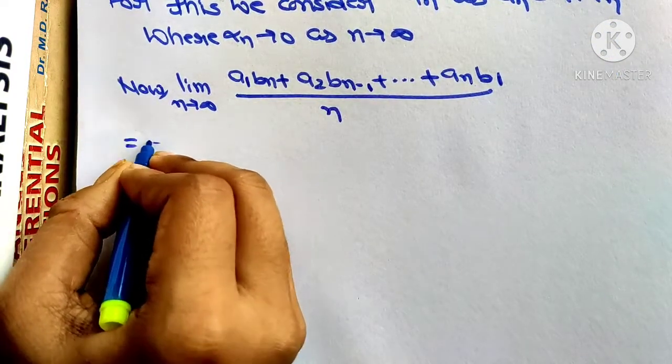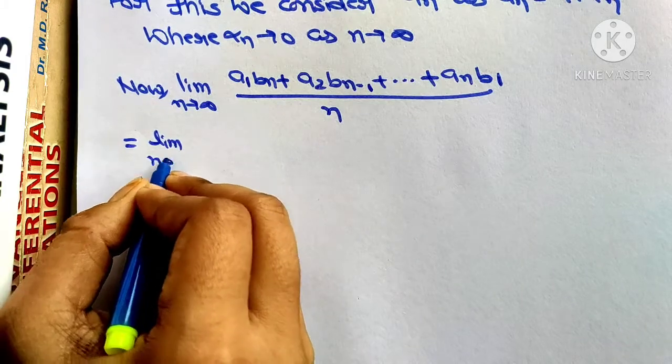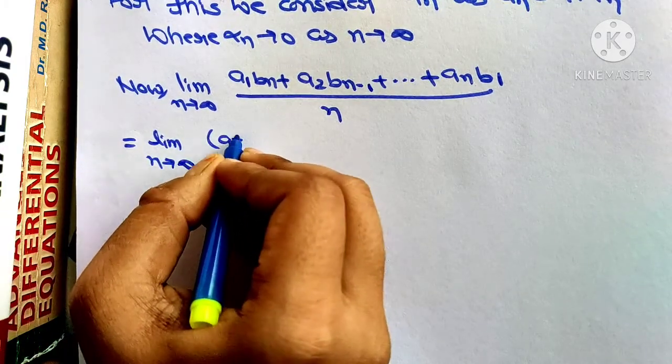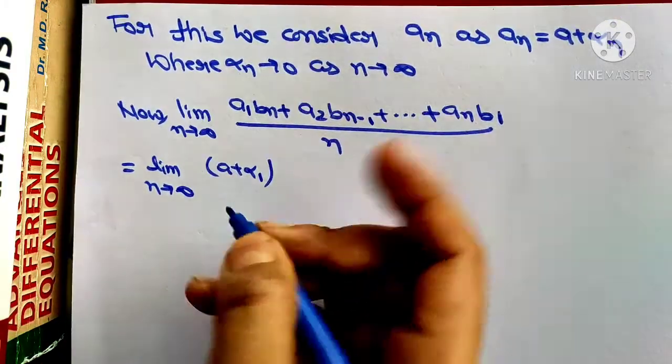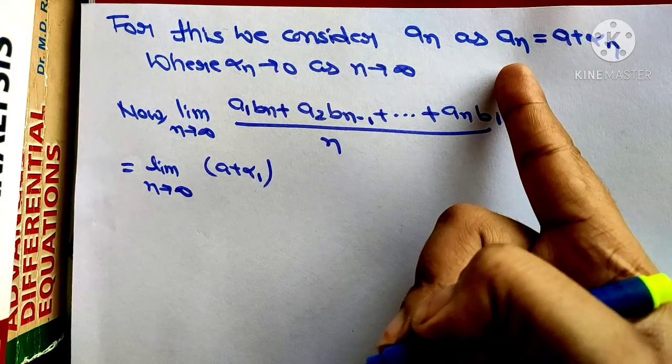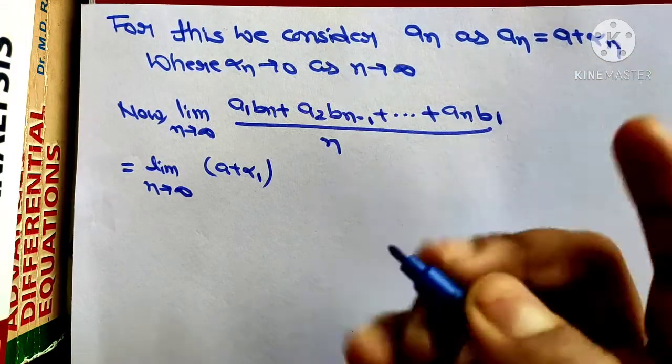is equal to limit n tends to infinity of (a + alpha 1) bn, (a + alpha 2) bn-1, up to (a + alpha n) b1, upon n. Here we put n equal to 1, 2, 3 successively.